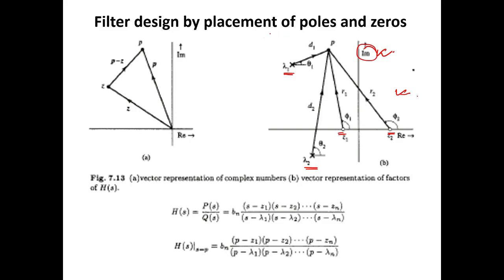Poles are always to be placed in the left hand side of the S-plane, whereas zeros can be placed anywhere on the S-plane. Are you getting my point? Zeros can be placed anywhere on the plane, and poles can be placed only on the left hand side. Okay.